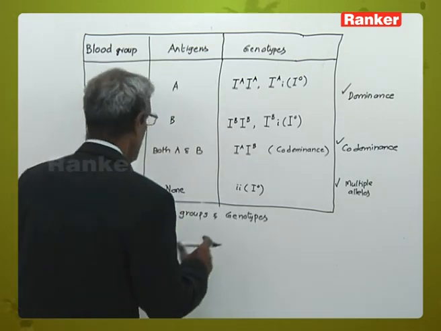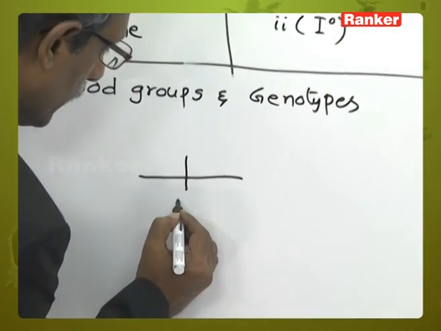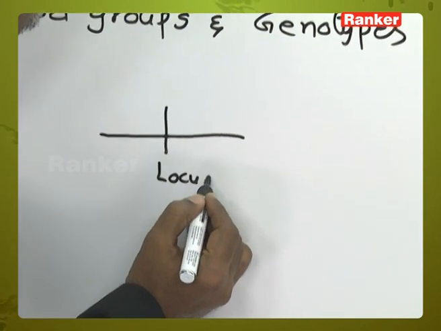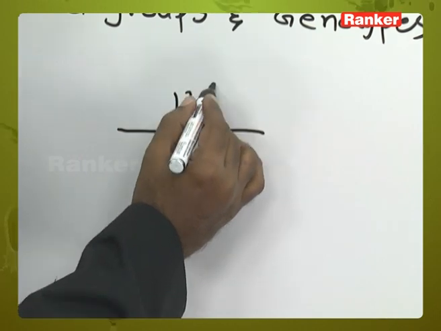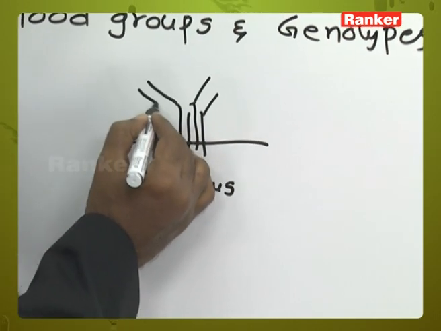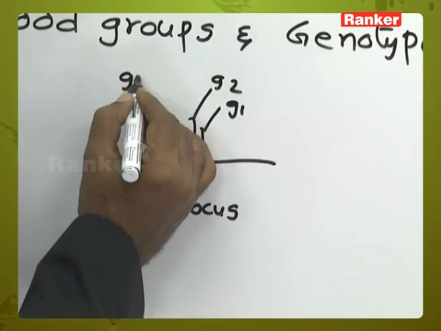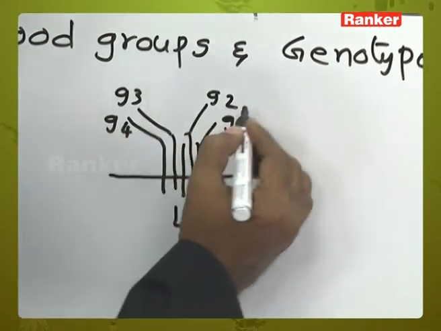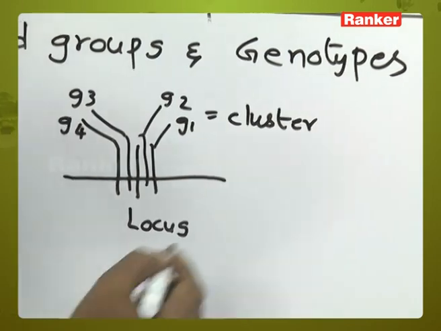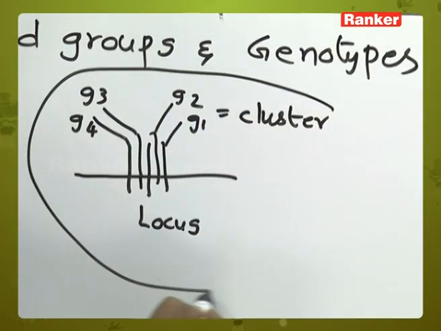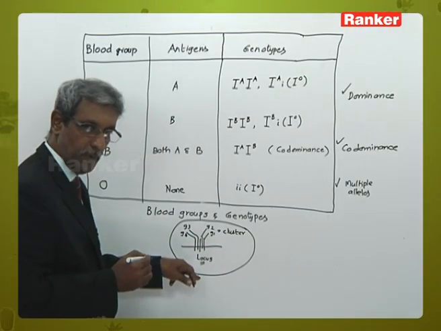So in multiple alleles, we have the situation wherein this is the locus and we have a set of genes present over here. So we have a gene cluster, which is present at a specific locus, only the same locus.